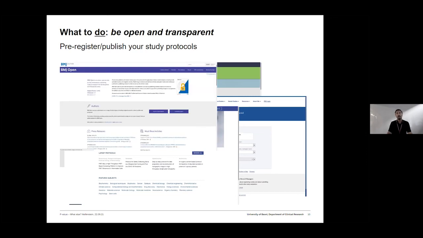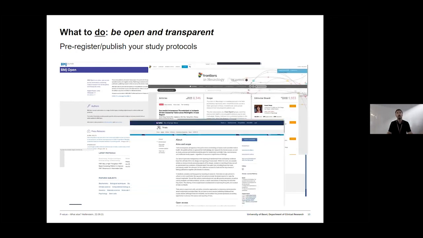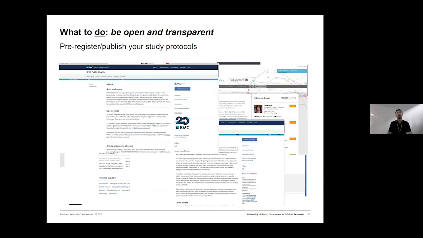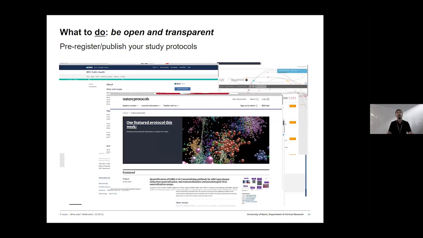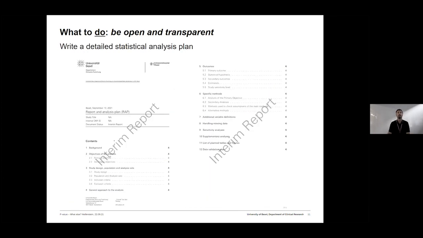And as I said, you can also publish your protocols. Maybe some of you have already done it. Several journals offer a means to publish protocols in their issues. Even Nature actually has a journal that offers to publish protocols.